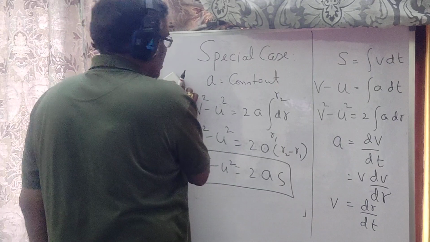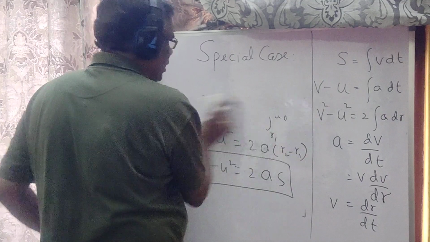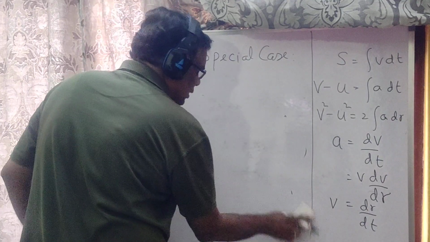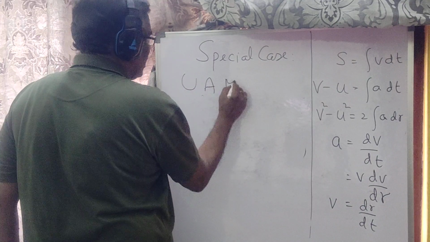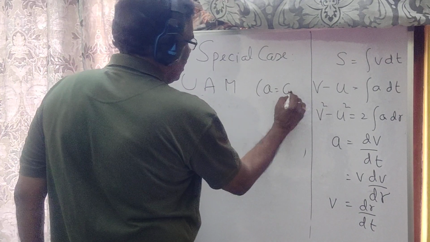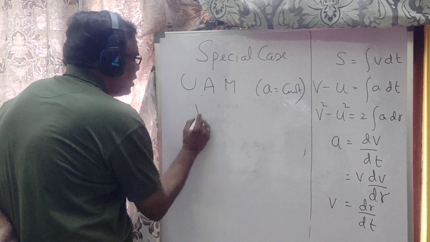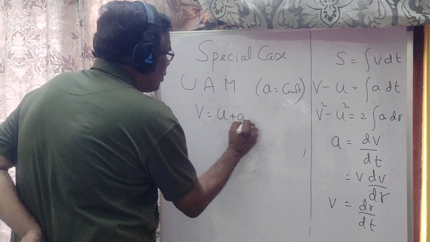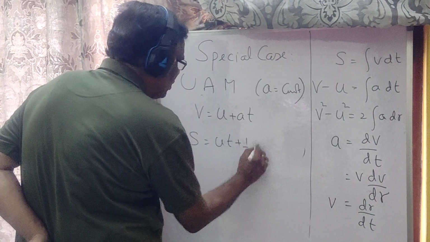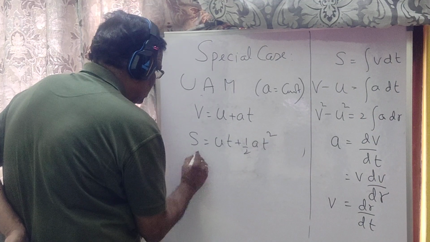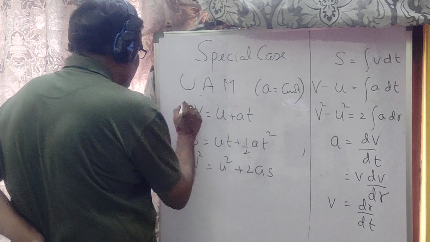Whenever a is constant, we call it uniform accelerated motion. That means a is constant. And what are the equations that you can write here? v is u plus at, s is ut plus half at square, and v square is u square plus 2as.